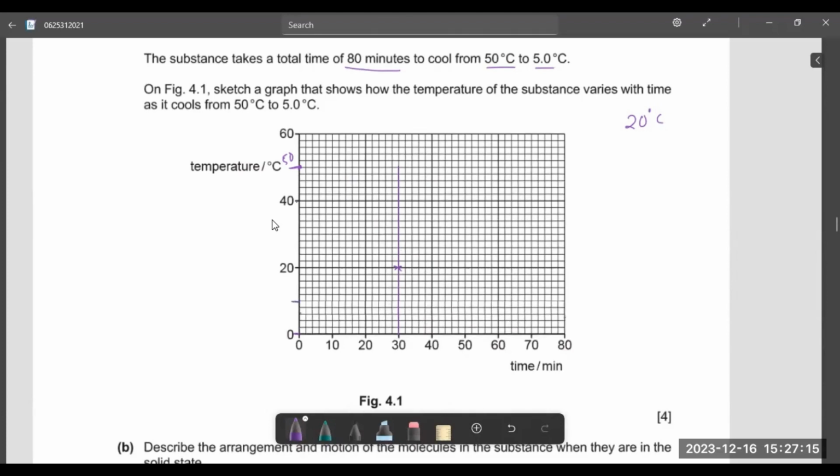This middle point will be 10, and that 2.5, this will be 5. So from 50 degrees Celsius to 5 degrees Celsius it is getting reduced. So this is 5 and this is the melting point 20.